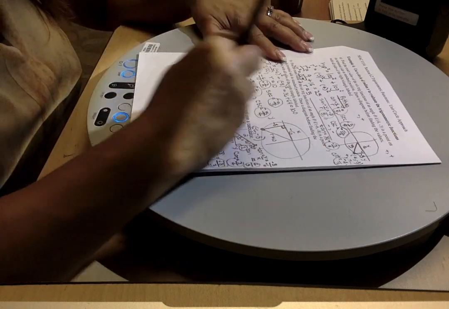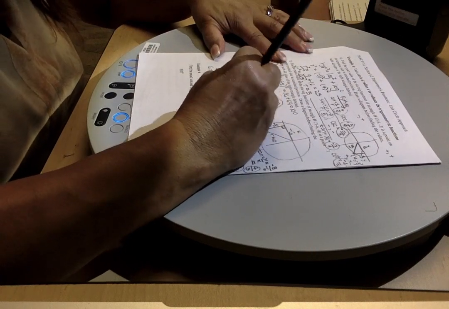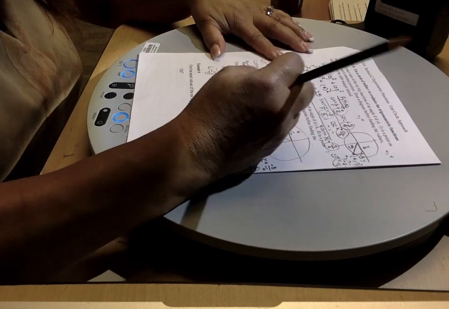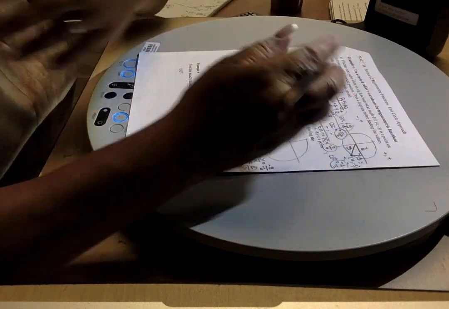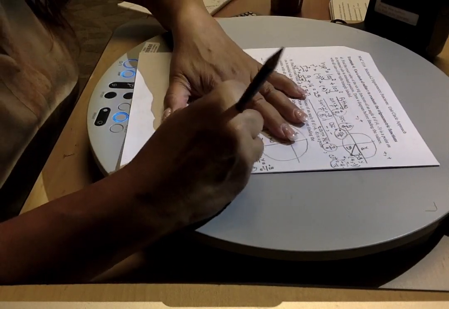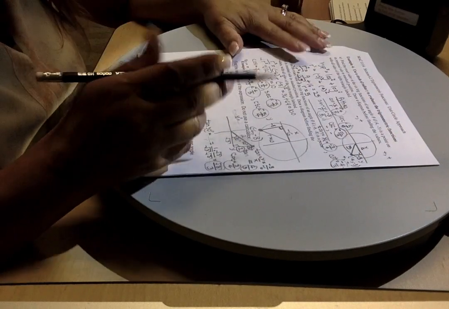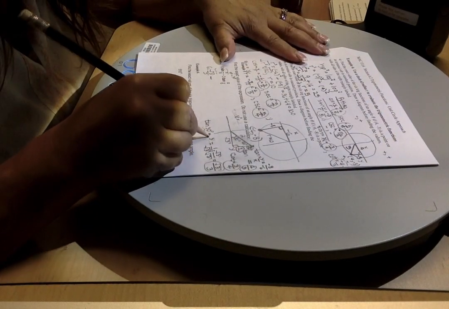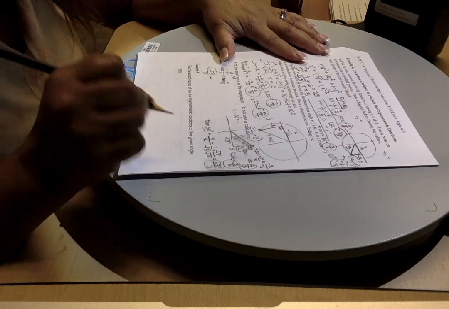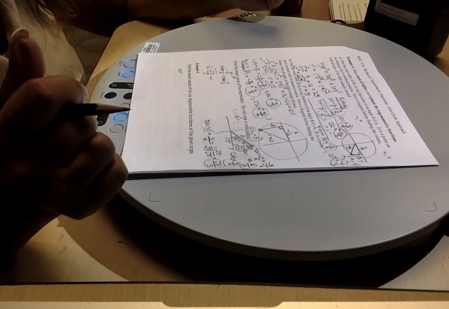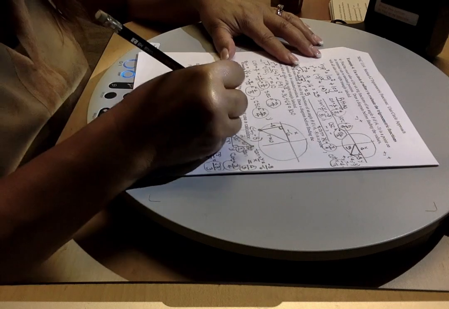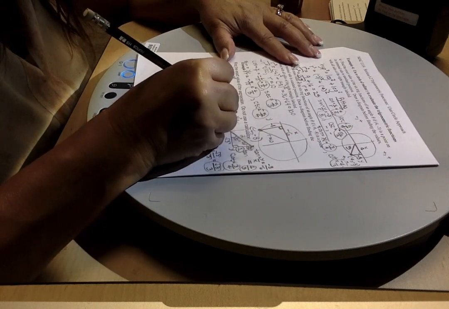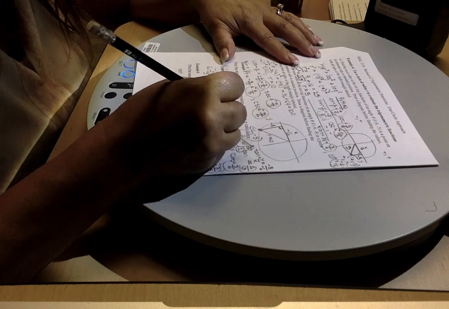There's my tan, and I'll let this one be the sine. So tan will be y over x, just switching that since I already did all the work for that. And then this will be the sine, which I also needed. Sorry, I messed that up.